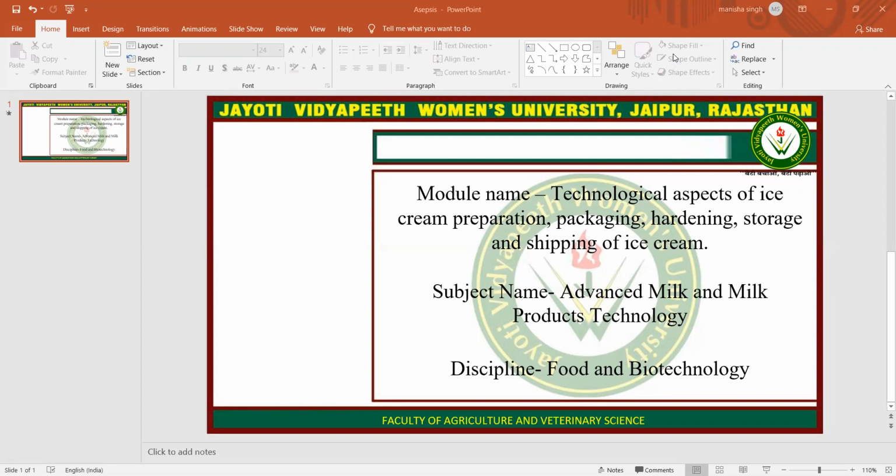For selection of ingredients, they may be of dairy origin or non-dairy origin. The dairy origin are the combination of those ingredients that may serve as a fat, for example cream, butter and butter oil.